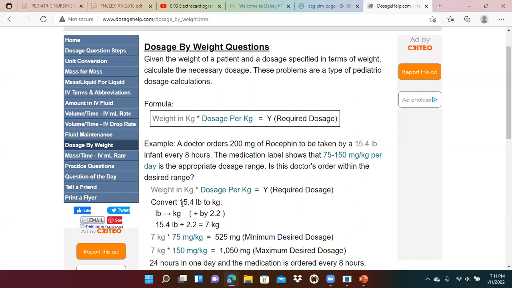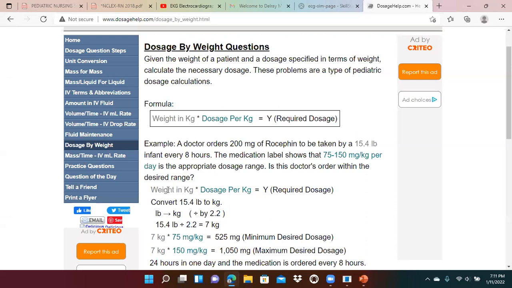So we have to convert 15.4 pound to kilogram. So we need to divide by 2.2 because a small unit needs to be converted to a bigger unit. 15.4 divided by 2.2, 7 kilogram.